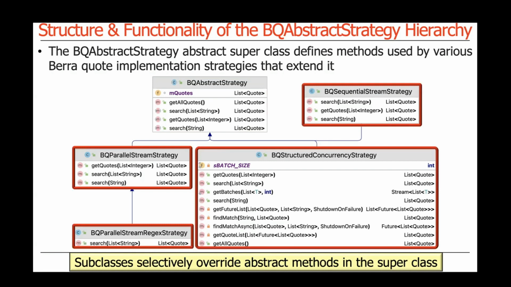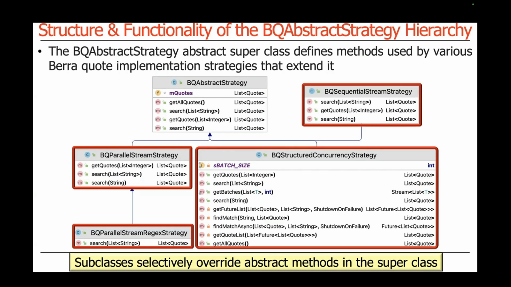And then we have a bunch of implementations of that strategy that extend that superclass and override some of the methods. So it would come as no surprise that the parallel stream strategy implements get quotes and search, and the two different search methods using parallel streams, sequential streams, of course, uses sequential streams.